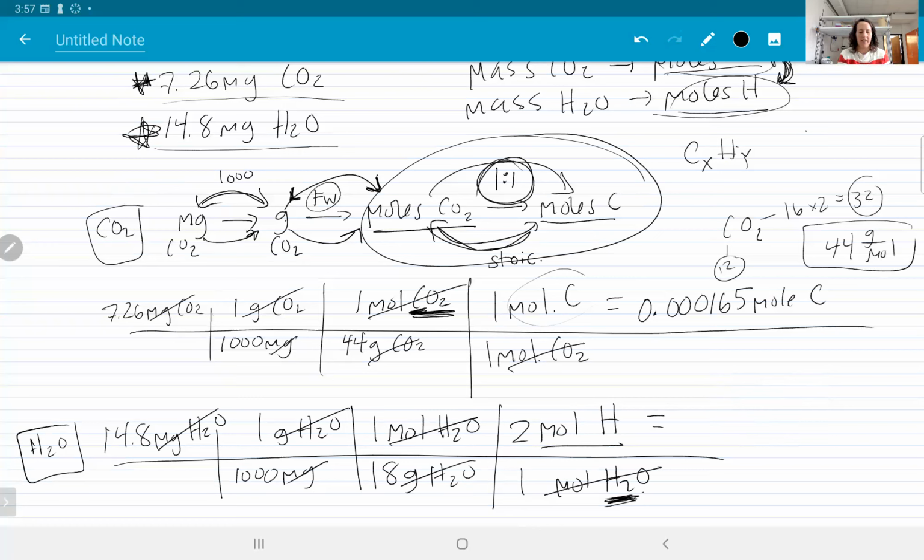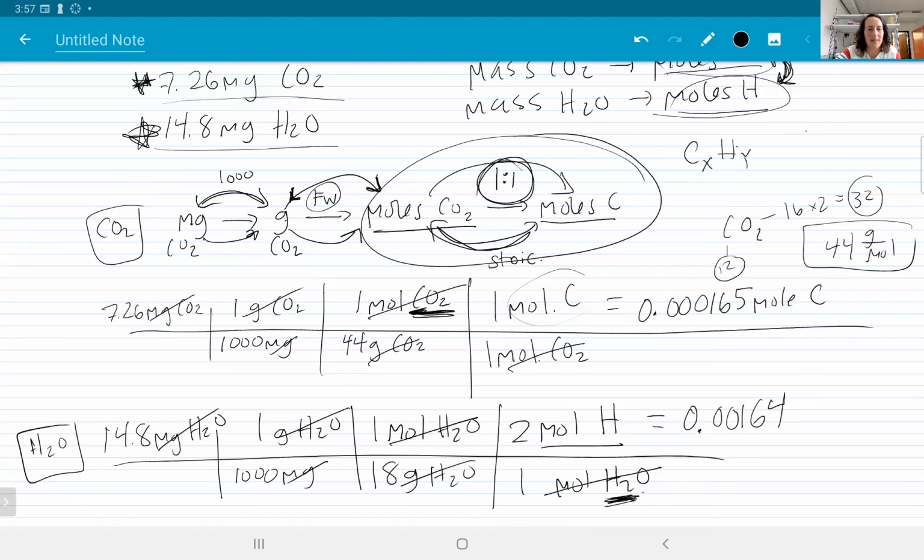All right, so then we grab our calculator. We do our calculations. 14.8 divided by 1,000 divided by 18 times 2. And I get 0.00164.